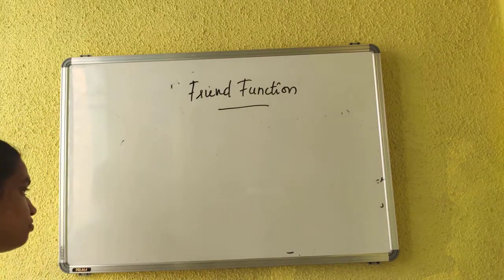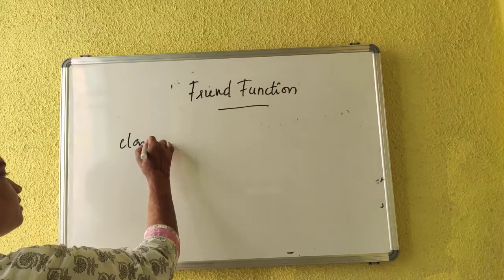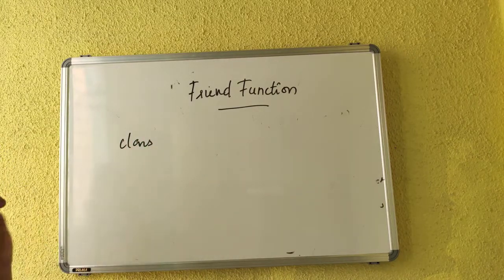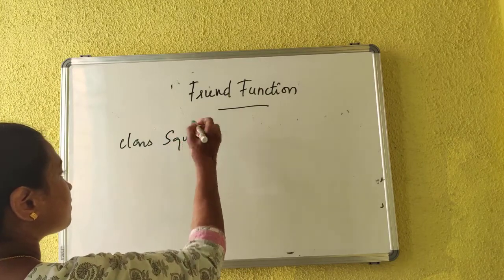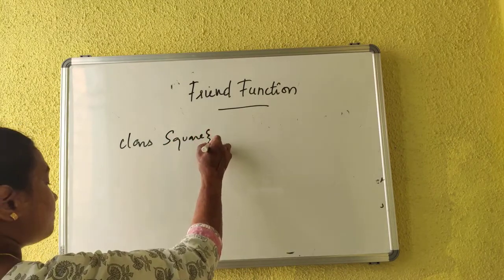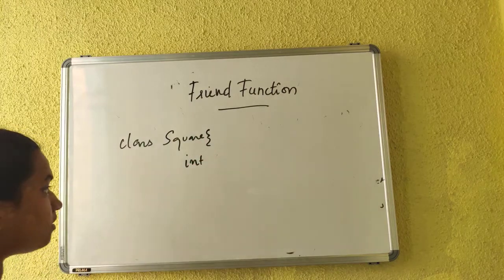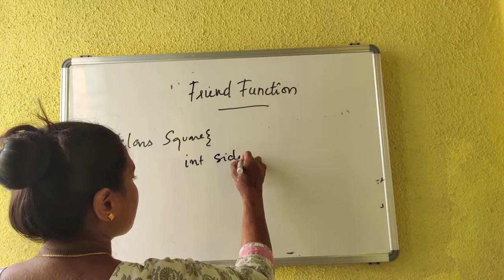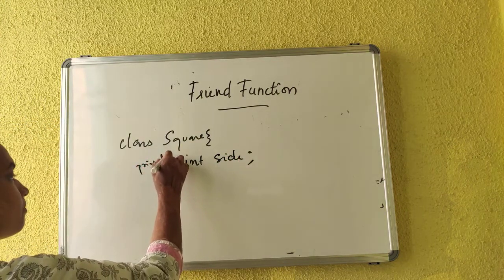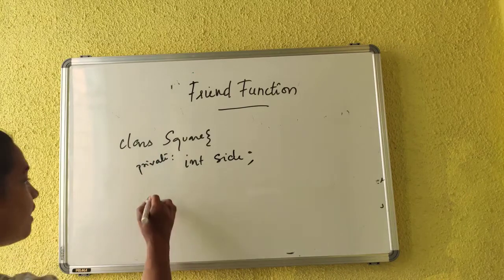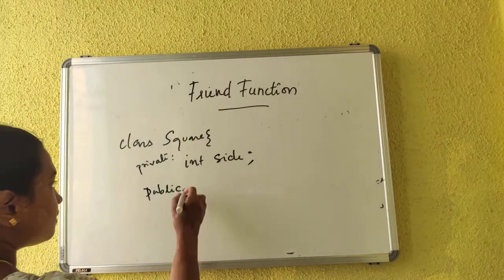Now coming to an example, let the class be, say, square. In that I have a data member called, say, side. This is private. Fine. And let me have public.